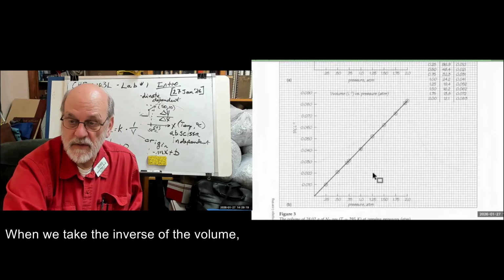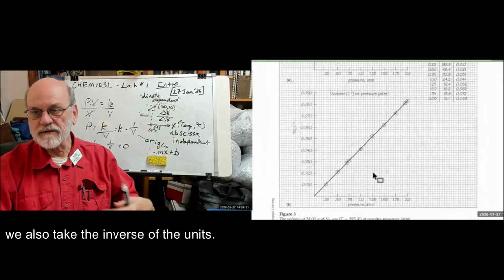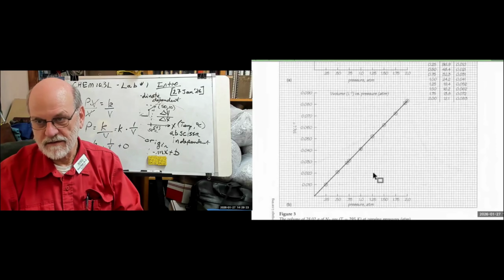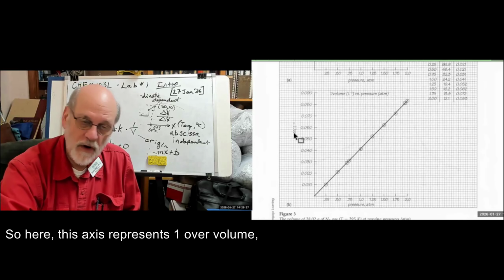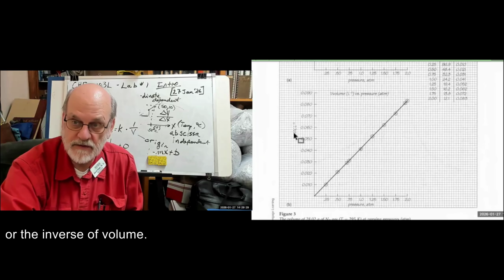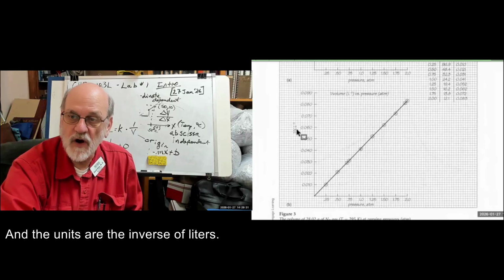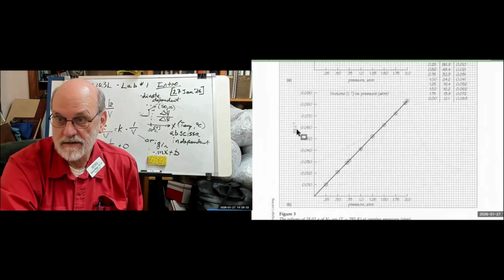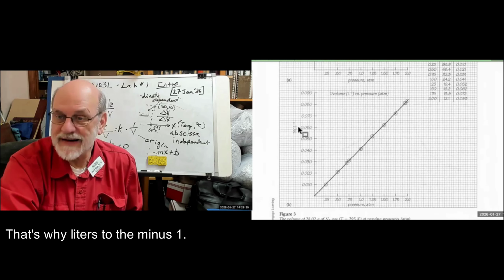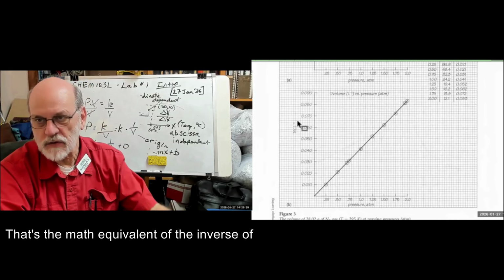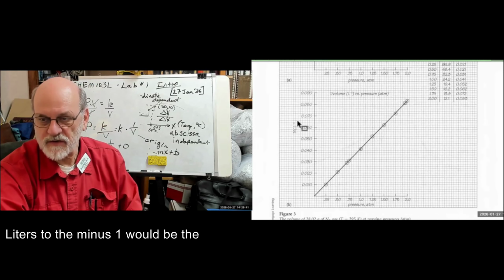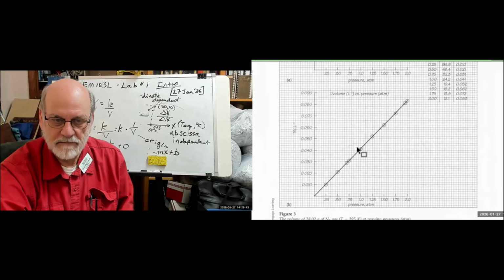When we take the inverse of the volume, we also take the inverse of the units. So here, this axis represents 1 over volume, or the inverse of volume, and the units are the inverse of liters. That's why liters to the minus 1. That's the math equivalent of the inverse of a unit. Liters to the minus 1 would be the inverse of liters.